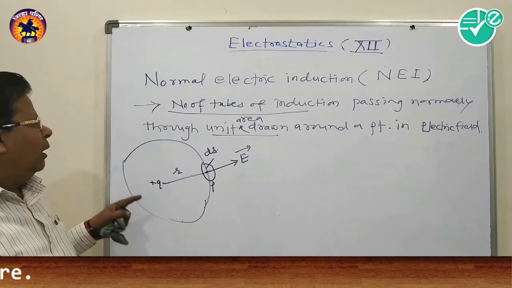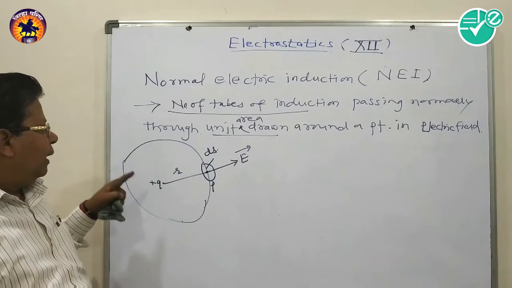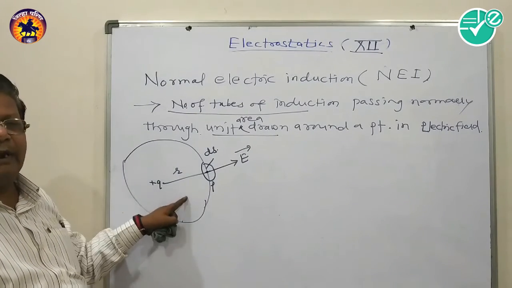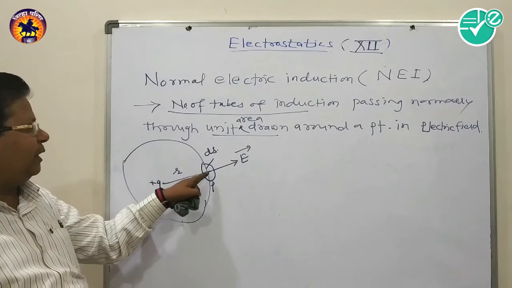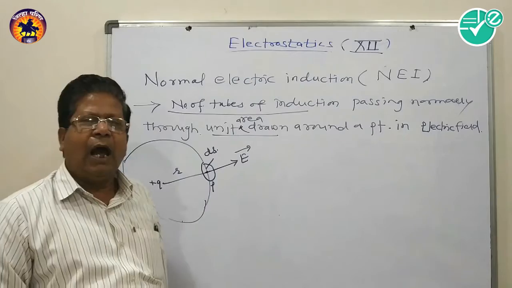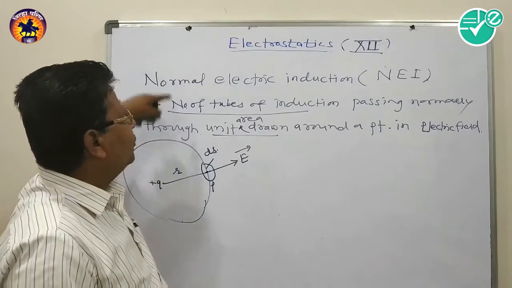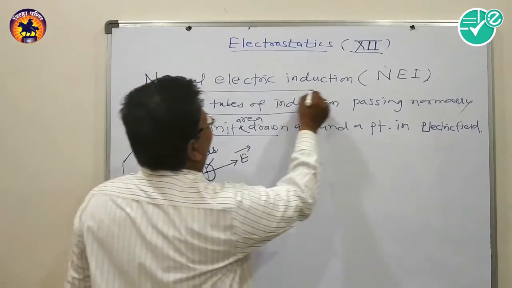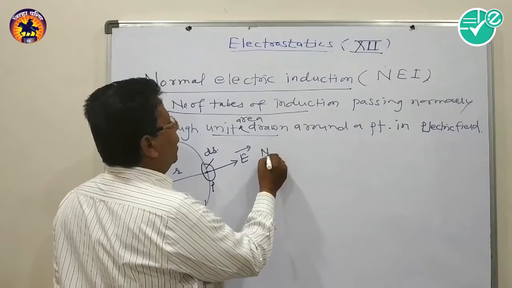So, with a charge plus Q situated at the center of the sphere, the electric intensity on small area ds is directed radially outwards.